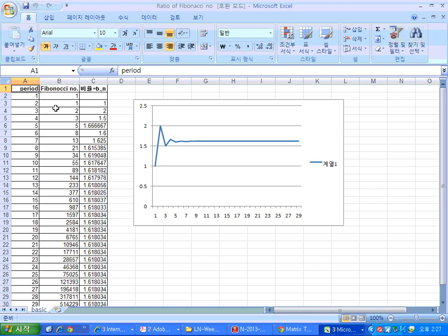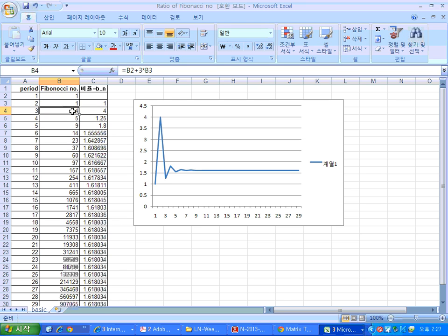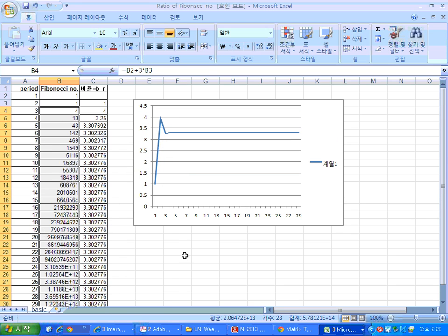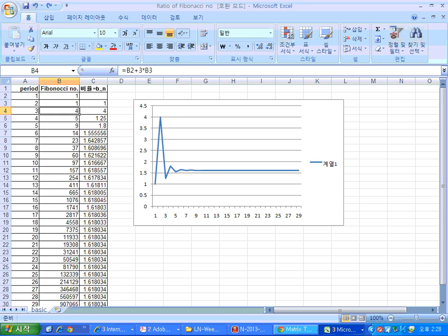Here are the period 2 Fibonacci numbers, and if you change it, then you will have a totally different sequence and a different table and graph as well.